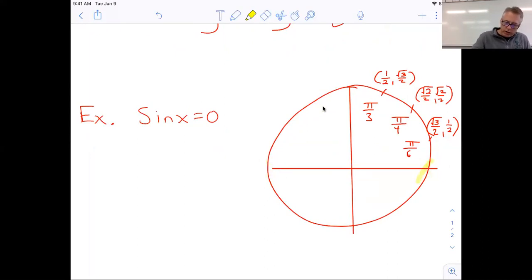So when we're writing our answer, we're going to say that x is equal to 0 and pi. It equals 0 here, the sine is equal to 0, and then the sine of pi is also equal to 0.